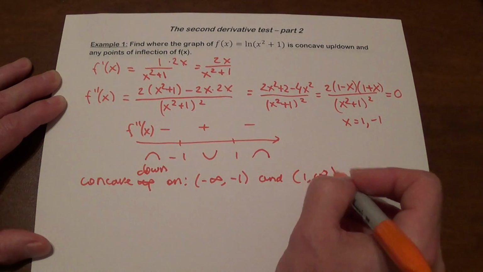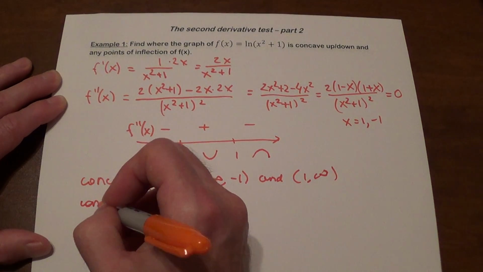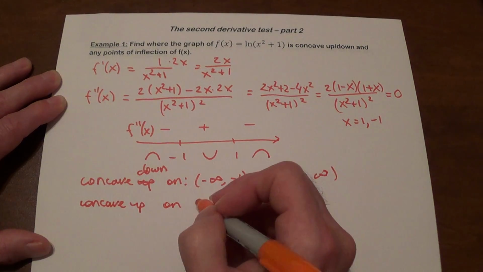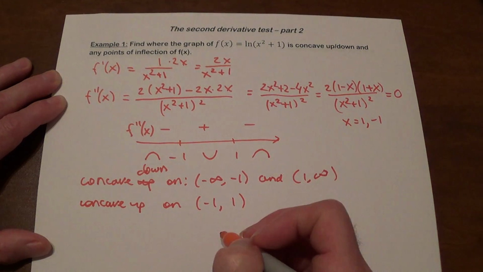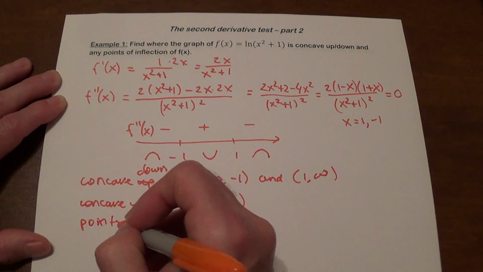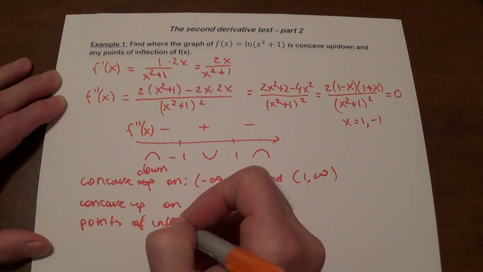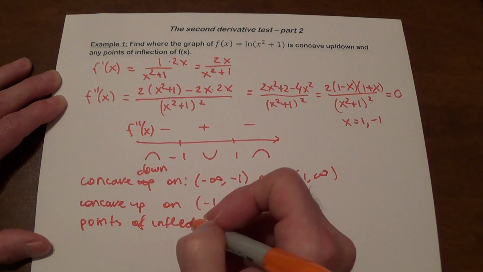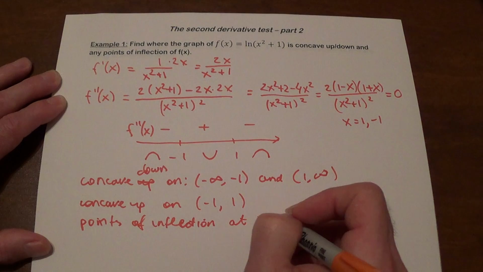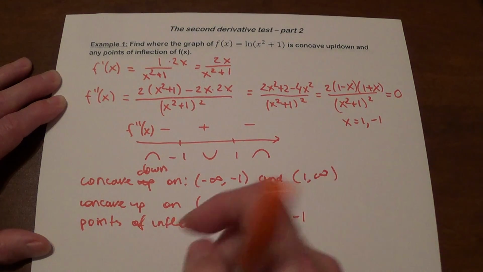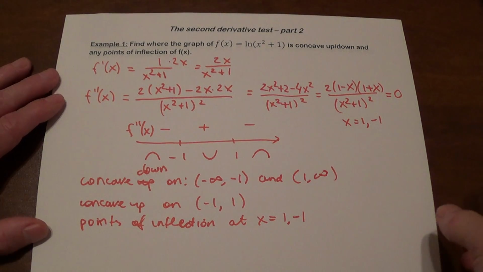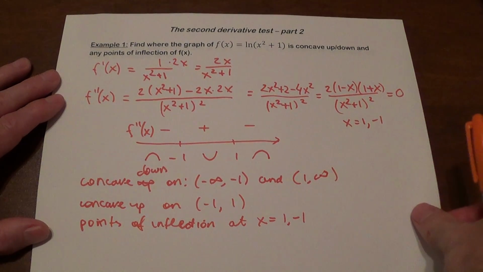Concave up will be on negative 1 to 1, and it's going to have points of inflection at x equals 1 and negative 1. There are 2 points of inflection because the second derivative changes sign at those points.